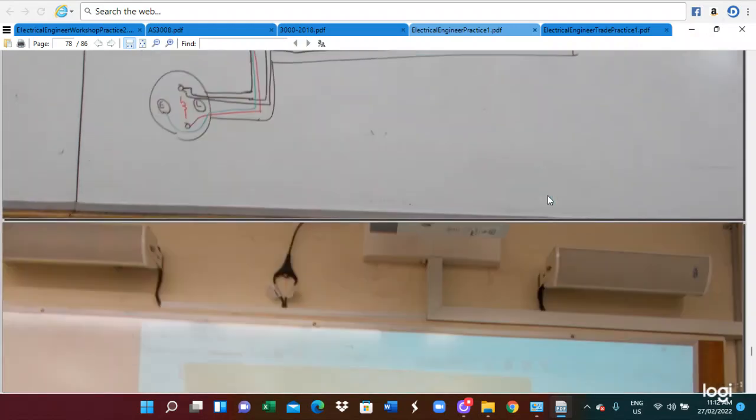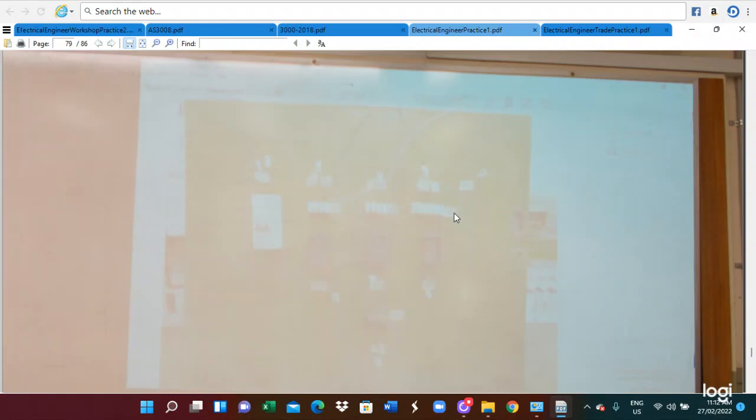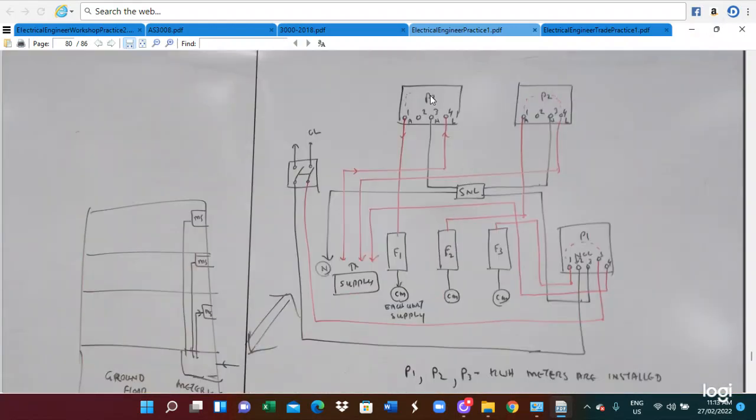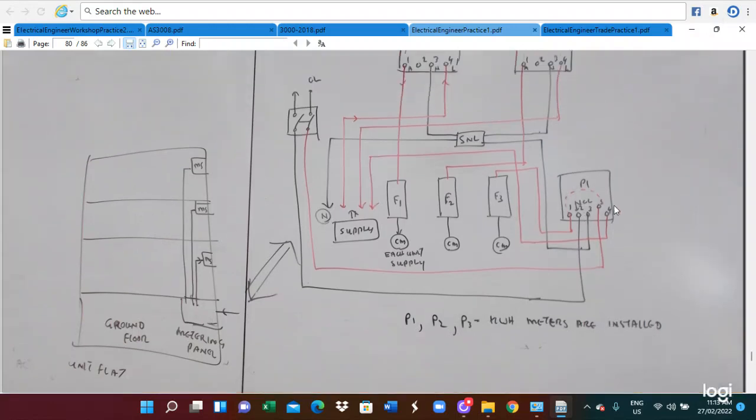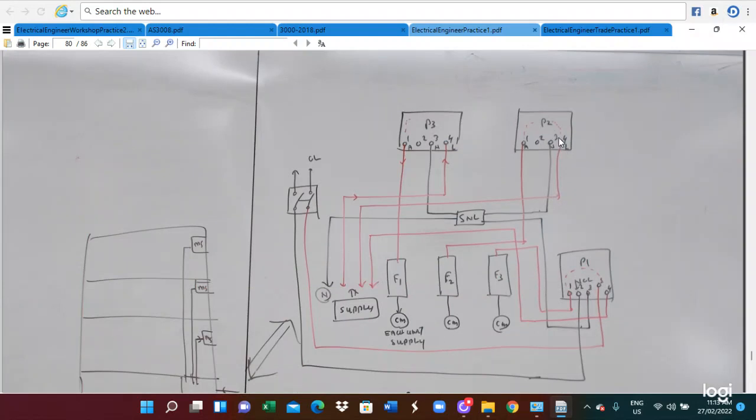Their diagram. So this is also, you see the power 1 and power 2 and supply neutral link and Q1, Q2, Q3 and also the power circuit. So this is for the power meter. Power meter ratings are connection P1, P2, P3 and supply neutral link, and this is for the Q1, Q2, Q3 and also the supply and the main circuit.